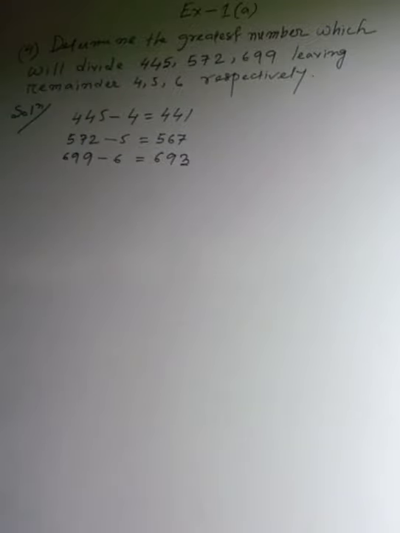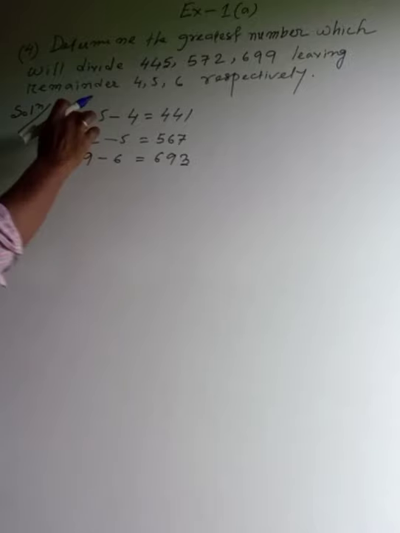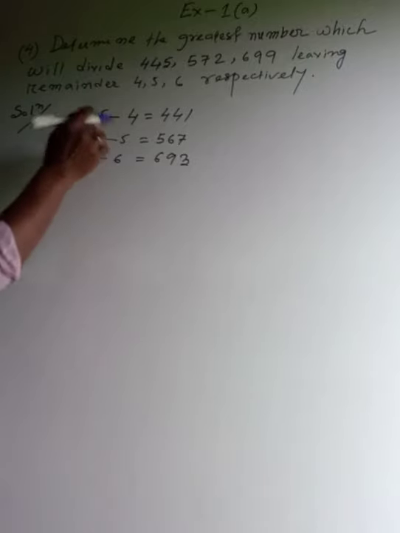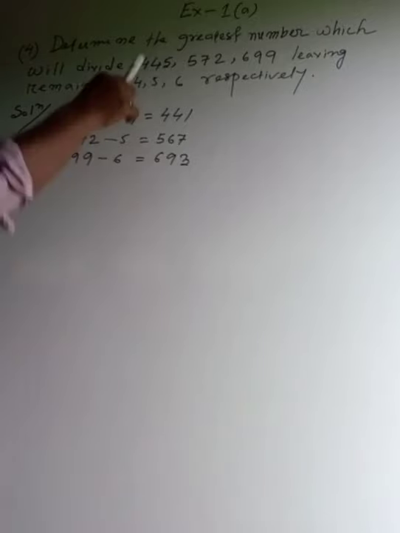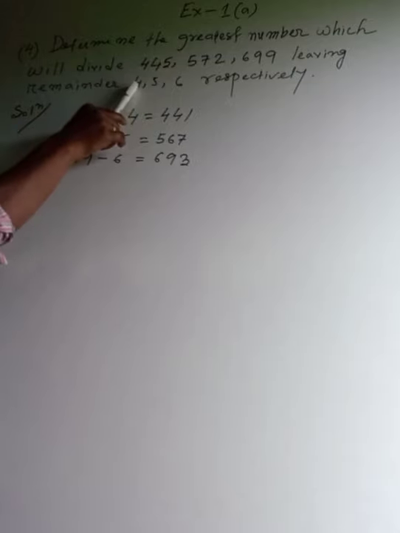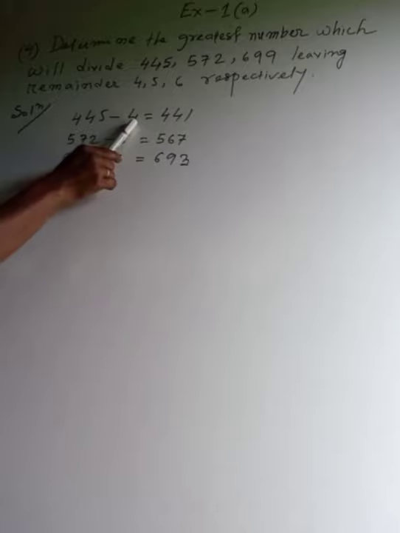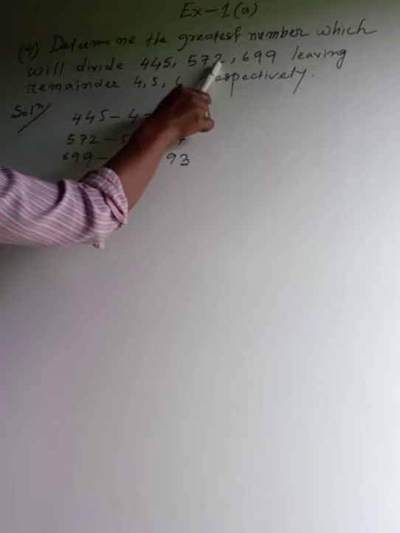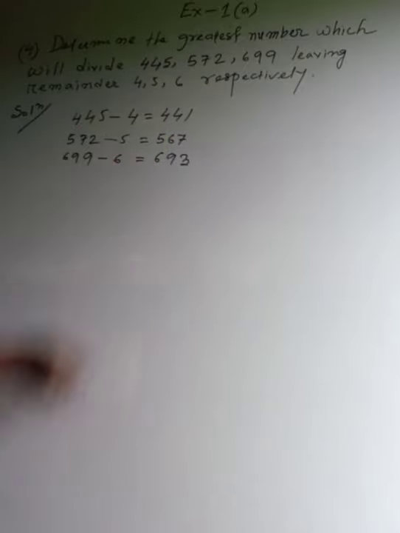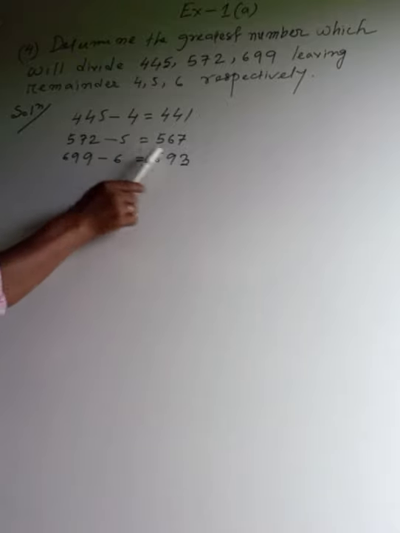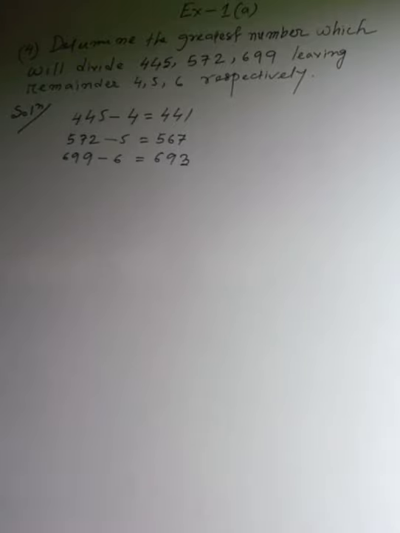Since they have given the remainders, first of all we subtract the remainder from each number. 445, the remainder is 4, so we subtract 4. 572, the remainder is 5, so we subtract 5 and got 567.